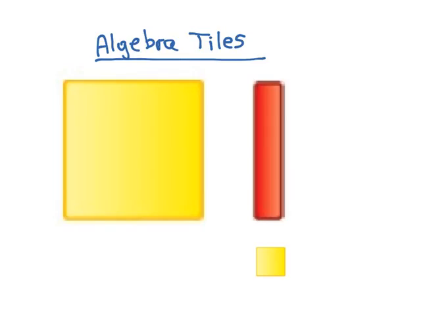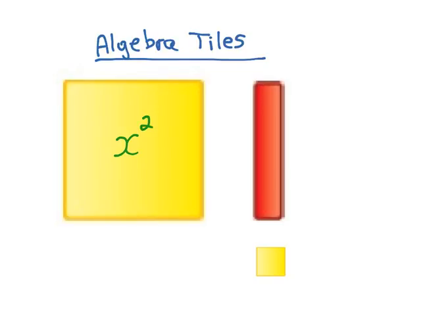Before we start with examples, I want to show you a bit of the algebra tiles and explain how they work. Algebra tiles are visual representations of polynomials. For example, this big yellow square has a specific value of x squared.